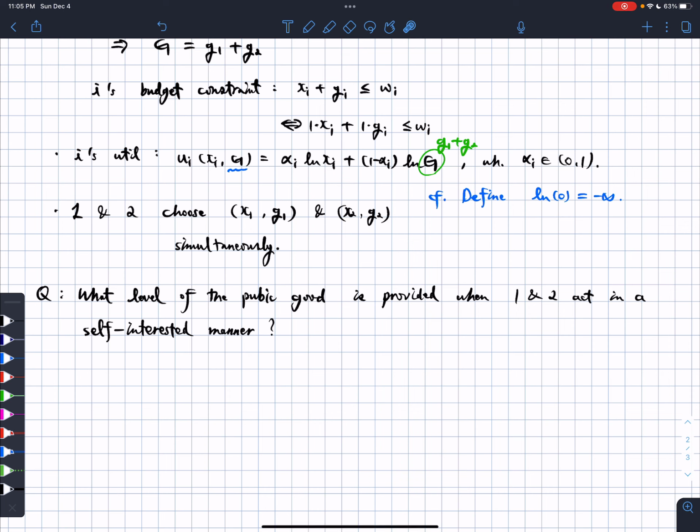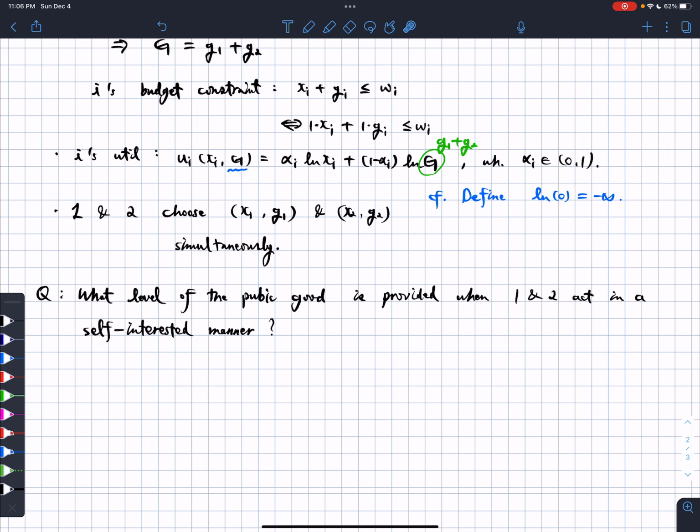So overall, you would expect that this kind of reasoning would take the two players to providing not so much of the public good, right? And our question is to actually show exactly what is the amount of the public good that is provided, and is that socially optimal or not.